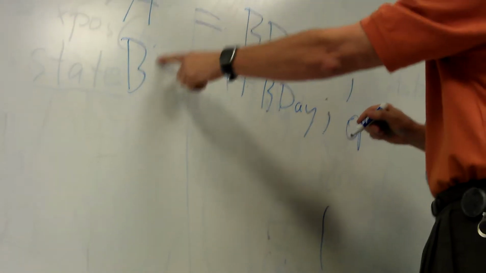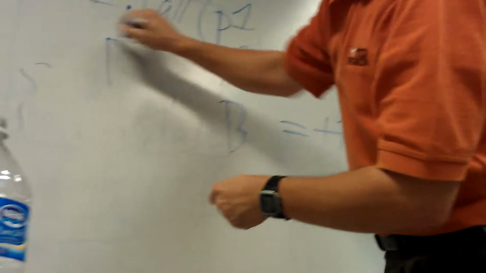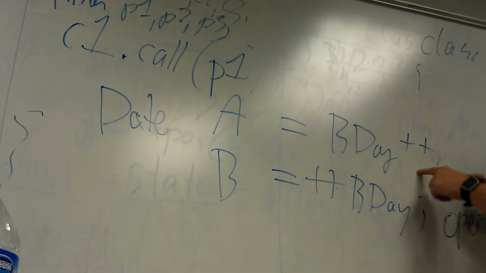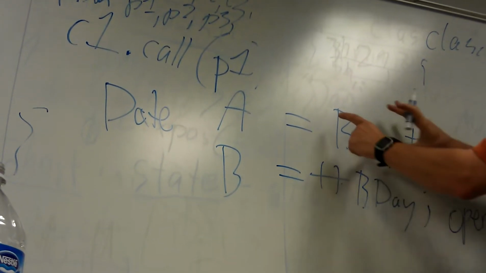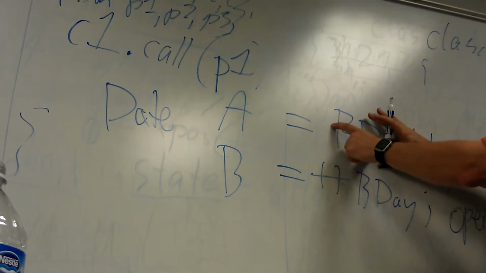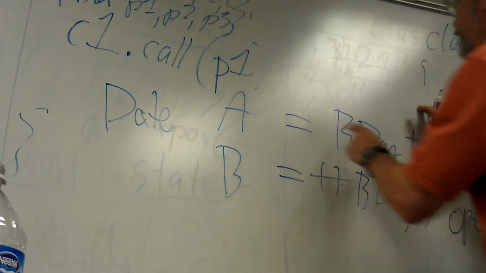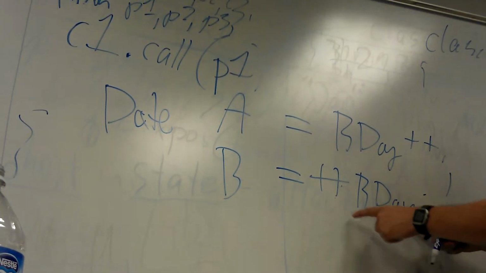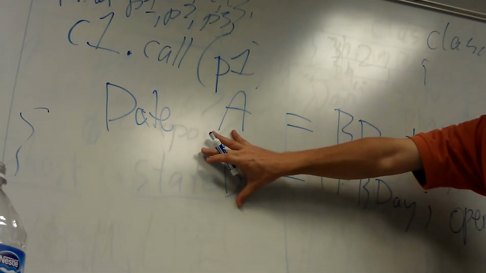Both of these are dates, just like bday is a date. If I say date A is equal to bday plus plus, what that has to do is take my current bday and copy it over here, and then after you copy it over, add 1 to this one. Whereas on this one, I first add it and then copy it over.